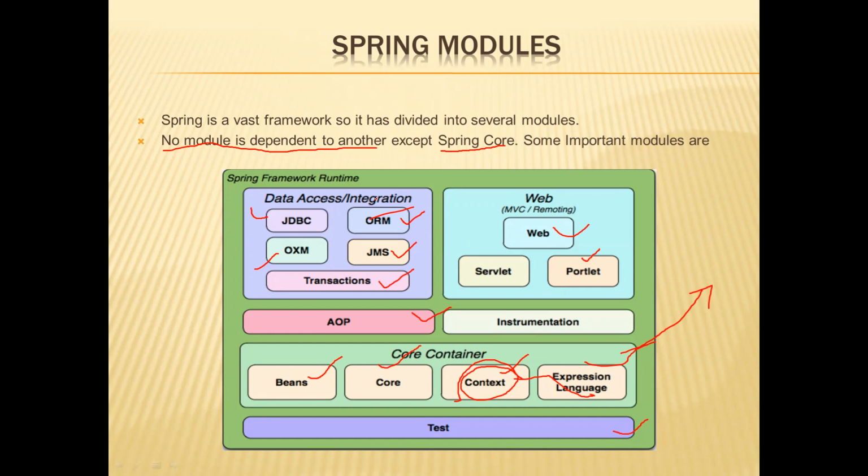Those points are given some replacement, like using the JDBC module here, Spring JDBC. You need not write all the classes, everything is taken care of by JDBC. If you know Hibernate, the same kind of steps we can develop using the ORM framework. Object relational mapping is nothing but Hibernate and JPA.